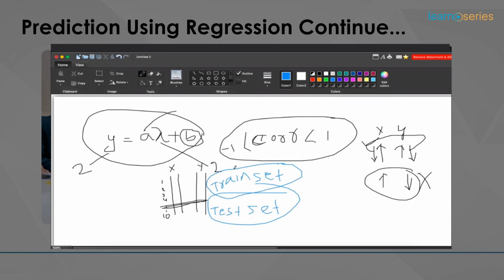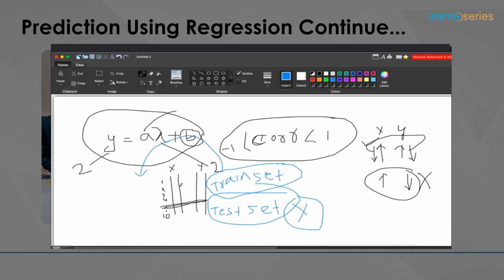The training set will be used, both x and y, for training of the model. From here, the model will try to find some mathematical correlations. It will try to learn that given years of experience, what would be the salary. These calculations and learnings will be done in the training set. At that time, the test set is completely hidden from the model. You will not use the test set in the training.